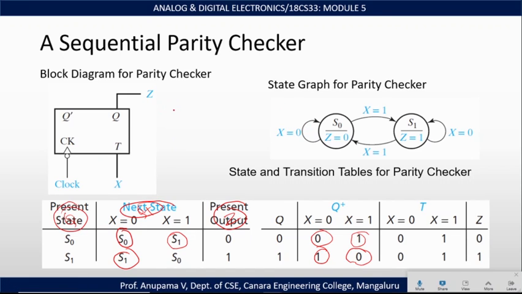So here let us recall the truth table of the T flip-flop. T can be 0 0 1 1, when Q can be 0 1 0 1. What is Q plus?